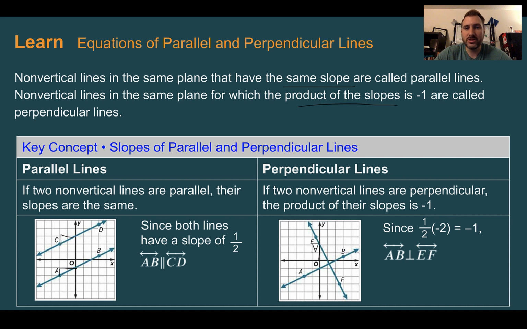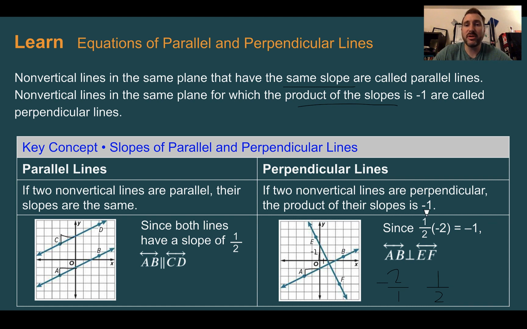E to F went down 2 and over 1, so it had that slope 2 over 1, going down is negative, so -2. Whereas A to B is going up 1 and over 2. So notice these two fractions are flipped. One's negative, one's positive. When you see this, those are perpendicular lines.